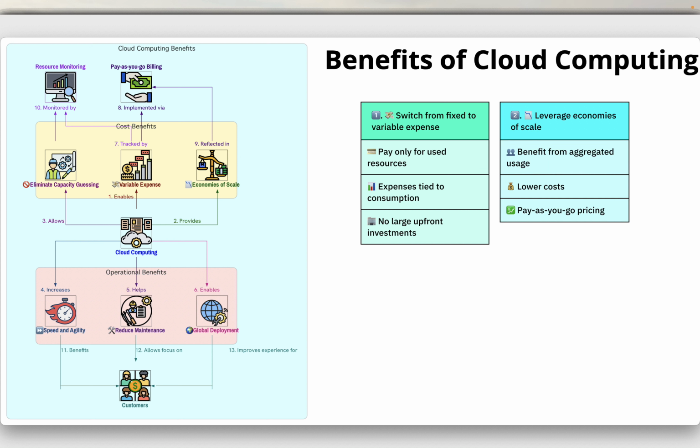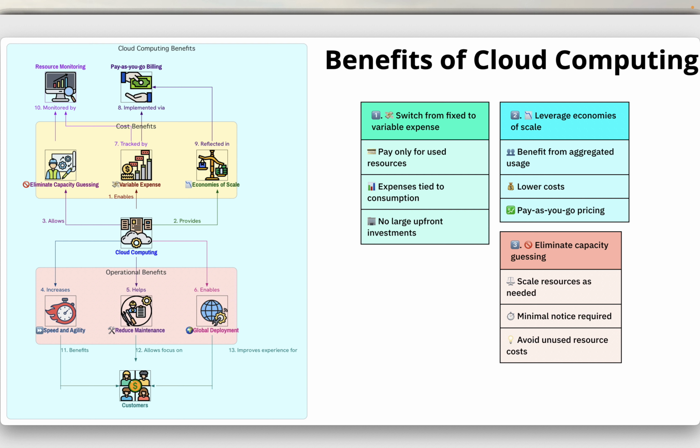With cloud computing, you benefit from the aggregated usage of hundreds of thousands of customers, leading to lower cost due to providers like AWS achieving significant economies of scale, which in turn offers lower pay-as-you-go prices. Cloud computing removes the need to predict infrastructure capacity needs. You can scale resources up or down as needed with minimal notice, avoiding the cost of unused resources or the challenges of limited capacity.